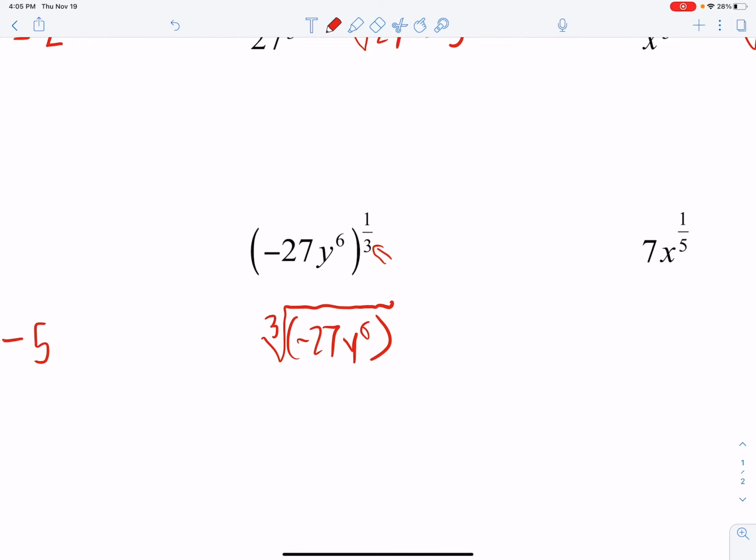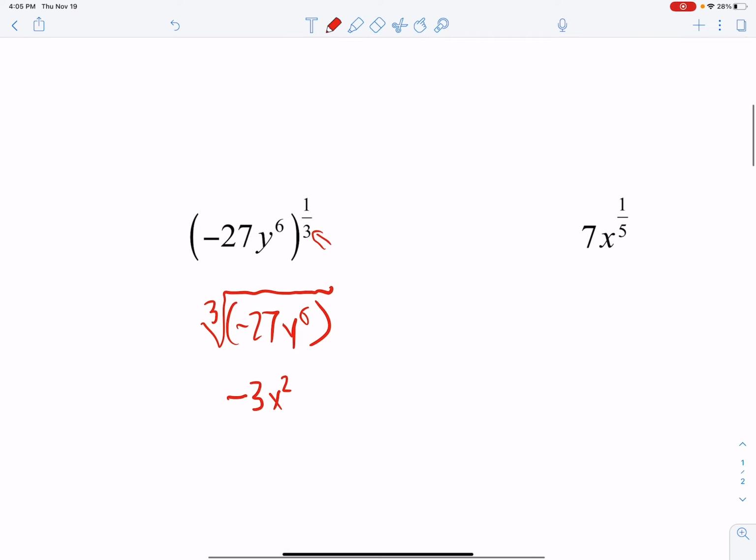Now we take the cube root of the number part and the variable part separately. The cube root of -27 is -3. And you might remember from a previous section, to take the cube root of an exponential power, you divide the exponent by 3. So the cube root of y to the 6th, we do 6 divided by 3, we would have y squared.